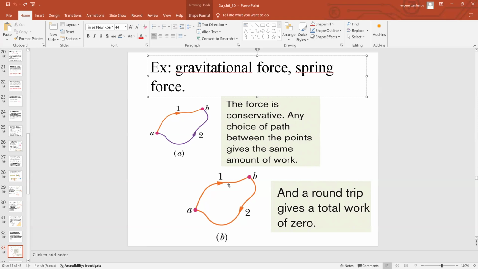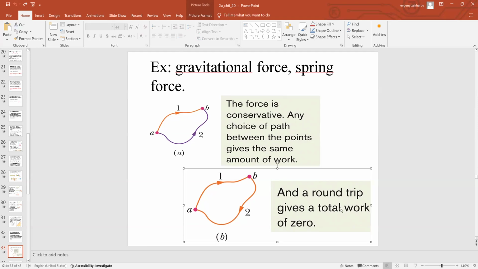And if you go from A to B and then B to A, the overall round trip gives a total work of 0. Same applies to spring force and electric force. For your next semester, electric force will also produce the same result, and that's how we call them conservative.